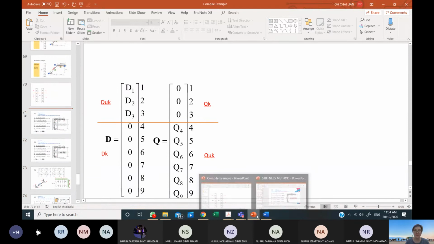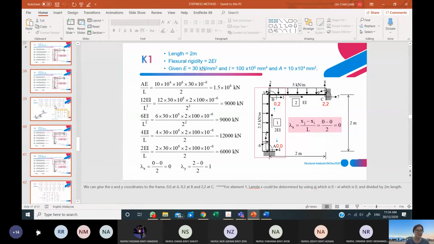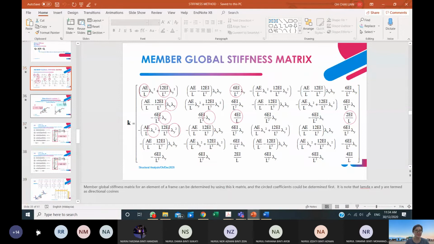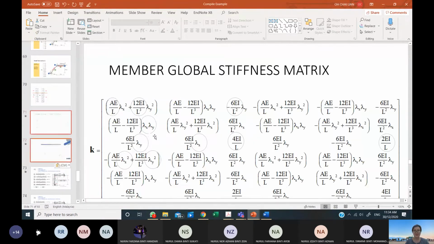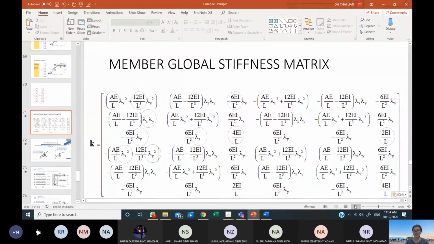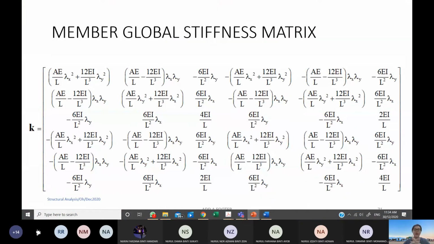You shall refer to your appendix to get this template. If you look at your appendix, there is K prime, T, and the K matrix. So you shall use this member global stiffness matrix, the K, to form your global stiffness equations. Don't get it wrong, you must use this template.